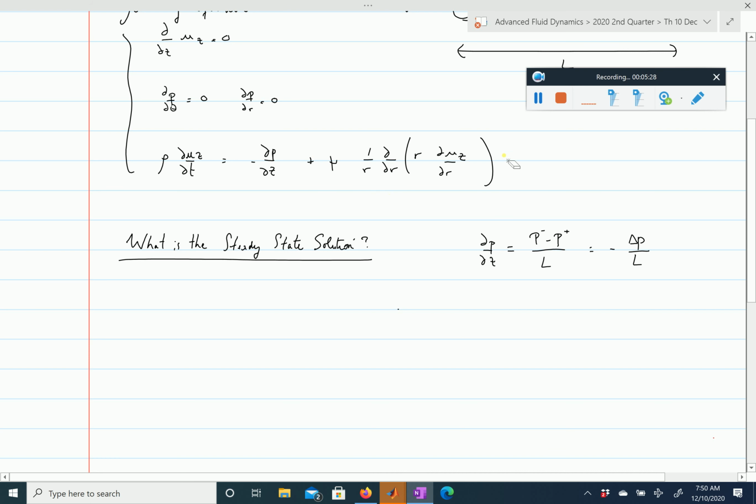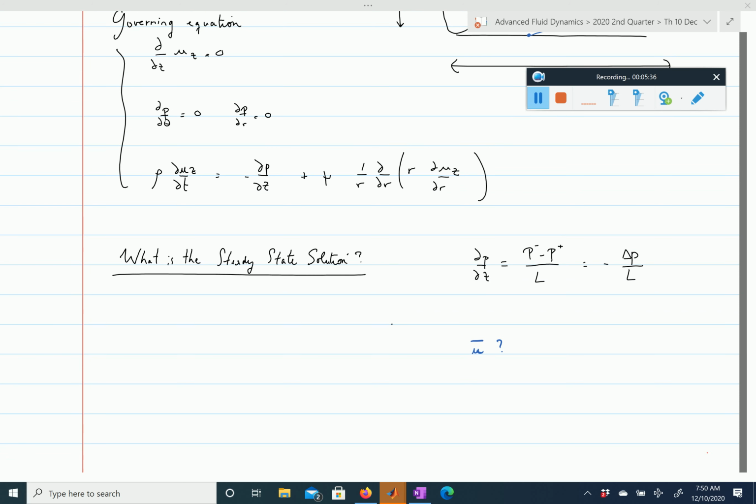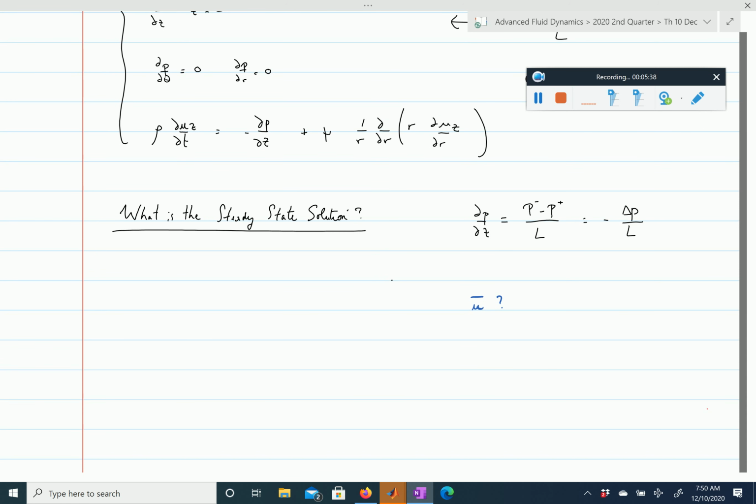That's going to slow down the flow. So in the end, our velocity in the pipe, we could think of it as our average velocity, is going to be set from a balance between our pressure gradient and our viscous term. And the pressure gradient we've seen here scales with delta P divided by L.